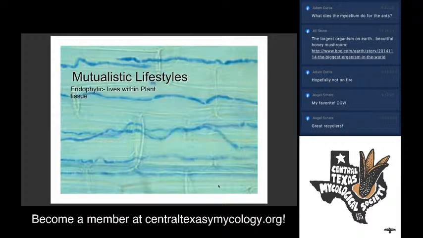Another really interesting mutualistic lifestyle for plants is the endophytic fungi, and they live completely within the tissues of plants, and they are either neutral or beneficial to the growth of the plants themselves, either producing some anti-pathogen, insecticidal chemical to discourage predation from plants or even mammals.